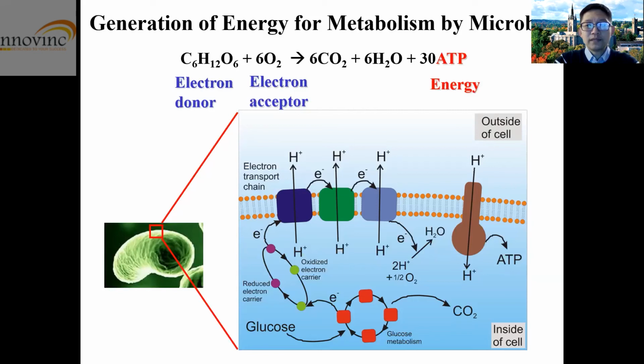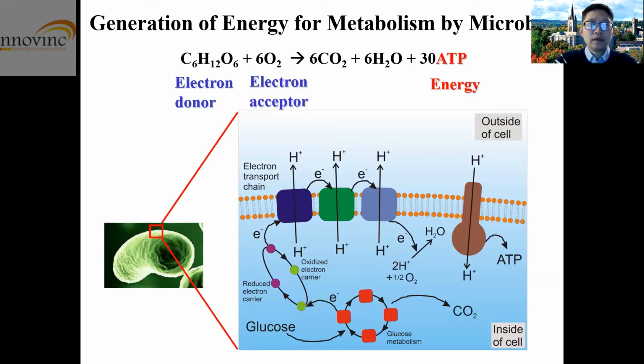The electron transport chain couples the electron transfer to the transfer of protons across the cell membrane, producing an electrochemical proton gradient as a result of a series of redox reactions that release chemical energy.